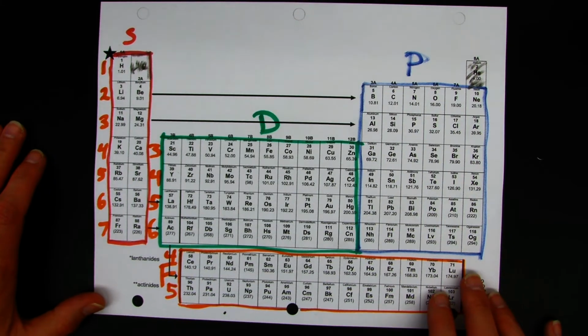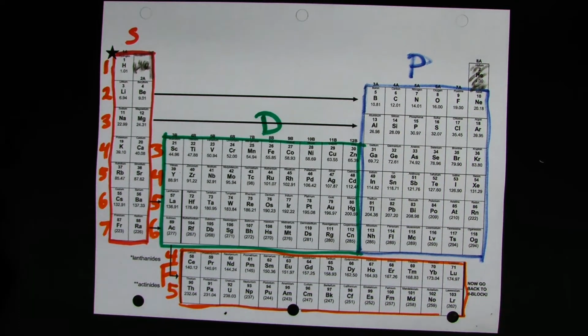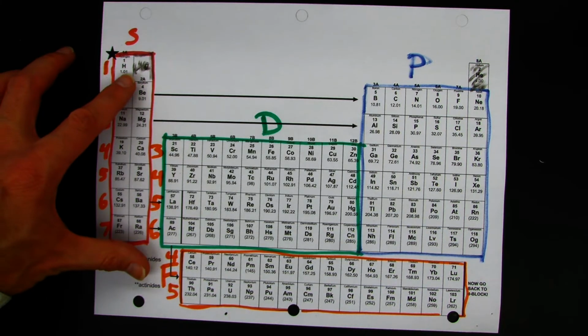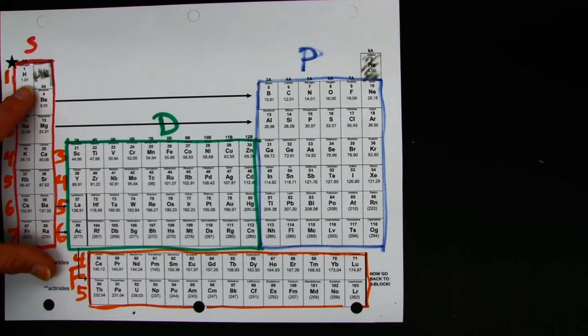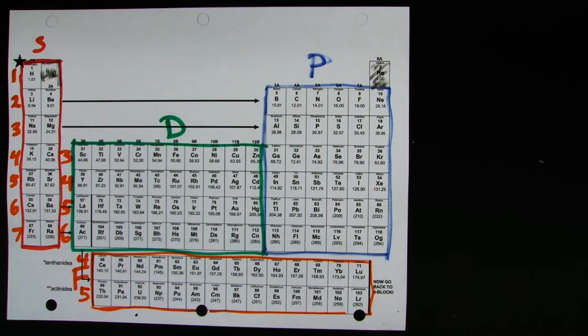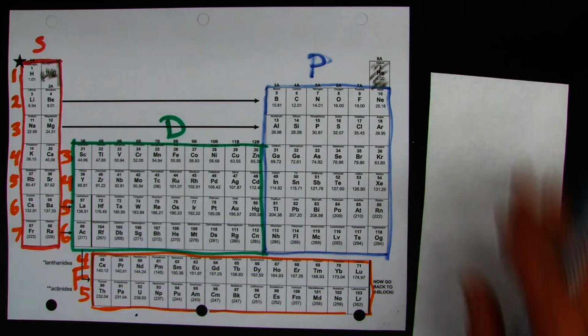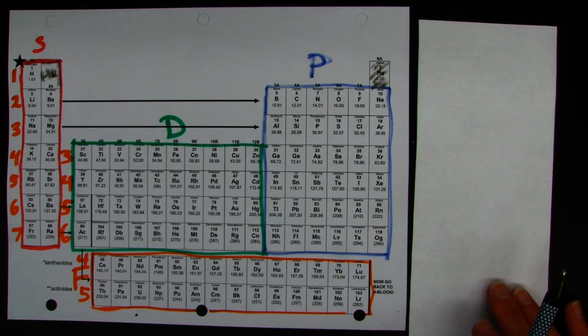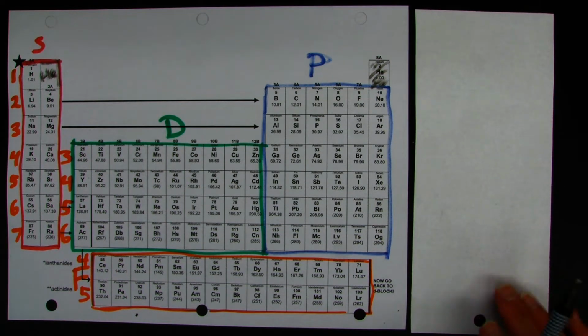Now you can use your periodic table to write electron configurations. How does that work? Well, let me show you. I'm going to move this over, and we're going to do a couple of examples. I'm going to use a piece of paper and pen so that you can see it more easily.